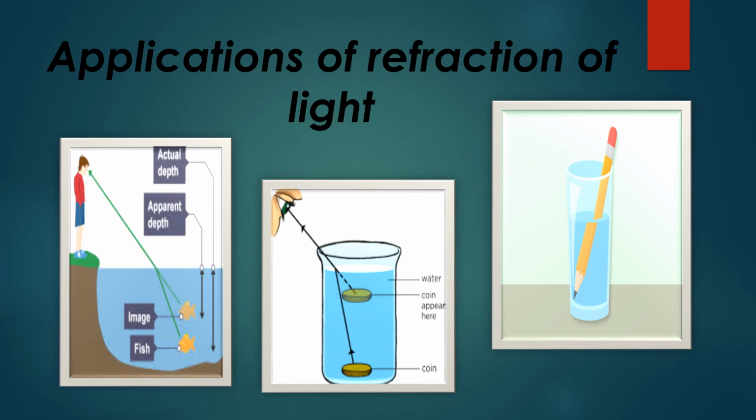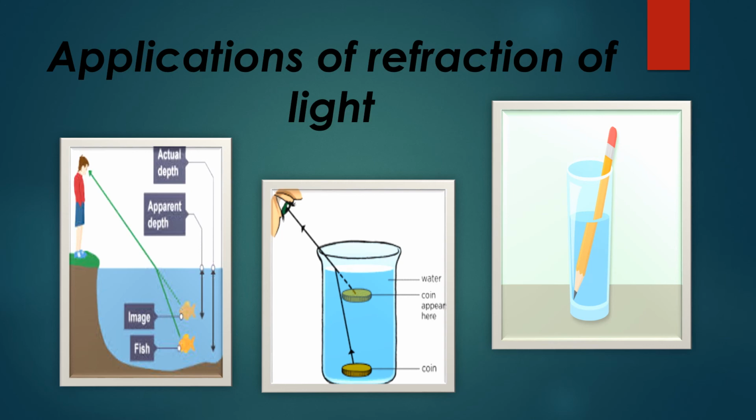Yes, sometimes we can see an object in water appears near to the water surface. The person who is looking at the fish in its actual depth can see the apparent depth of the image of the fish because of this refraction of light.